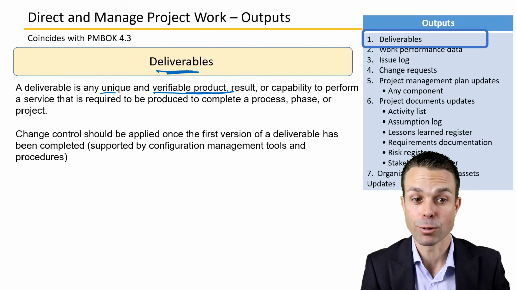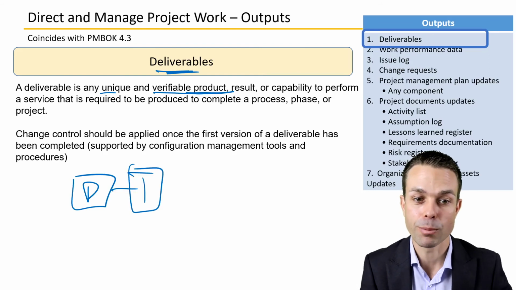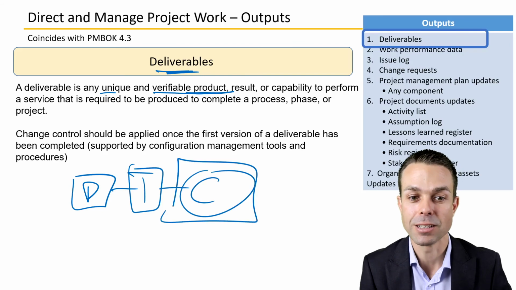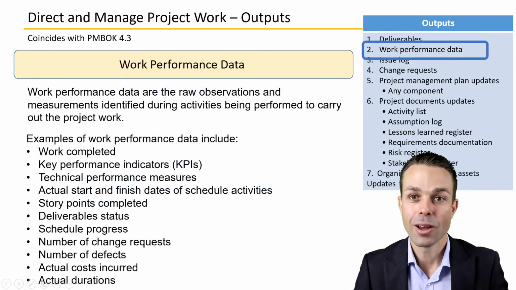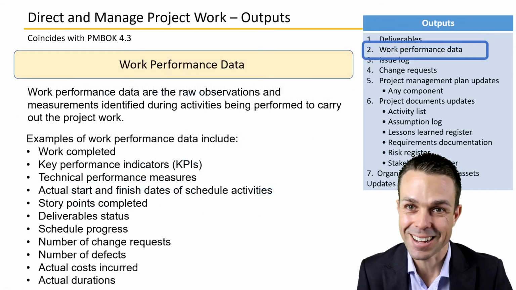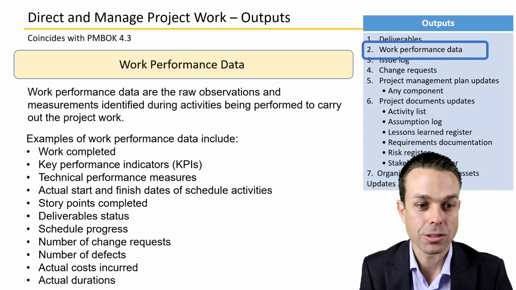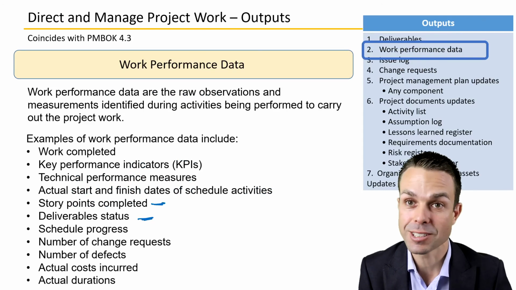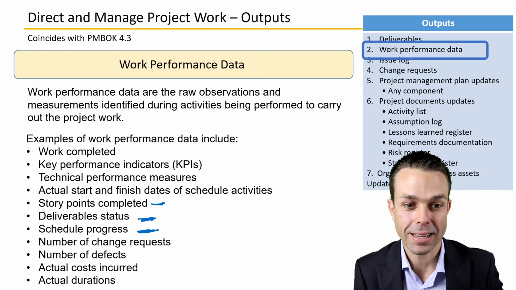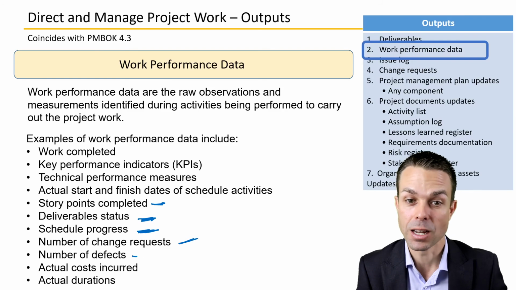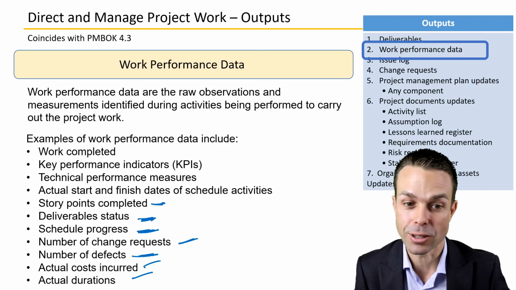So if our deliverable has been completed, and then as we said with our testing, maybe it's not fit for purpose, then we have to go through that change control process and raise a change request under those circumstances. We'll be gathering work performance data as we go along on our project, and that could be information on story points completed, deliverable status, how is the deliverable going, schedule progress, how are we tracking, number of change requests that have been made, number of defects that have been made, any actual durations or actual costs incurred.